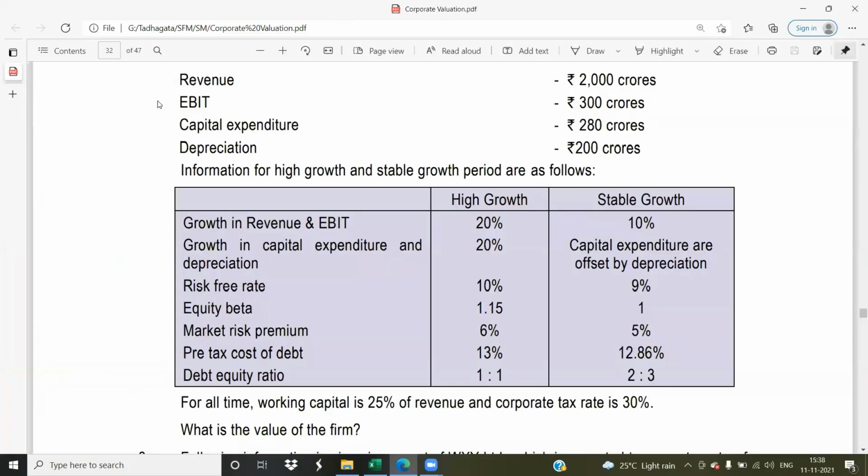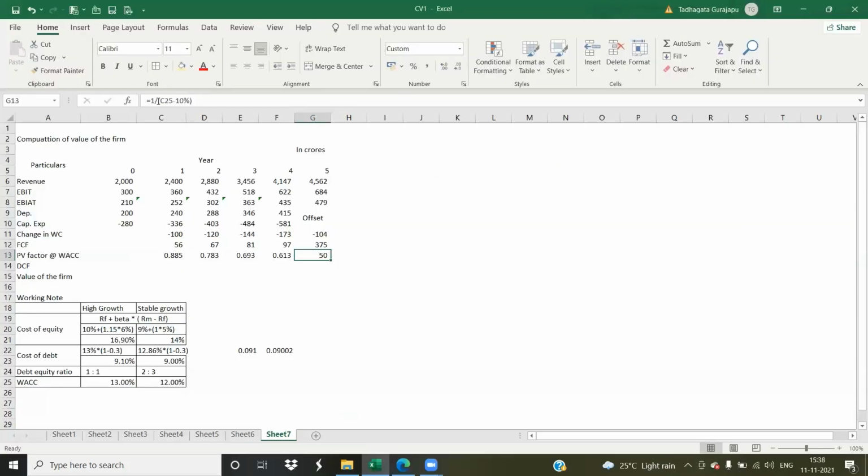See, growth in revenue and EBIT is 10%. So that is the growth rate. But this value is as on year 4 ending. So we have to discount it further to bring the value to year 0, right? For that we have to multiply this by PV factor at year 4. Okay, so we get 31.